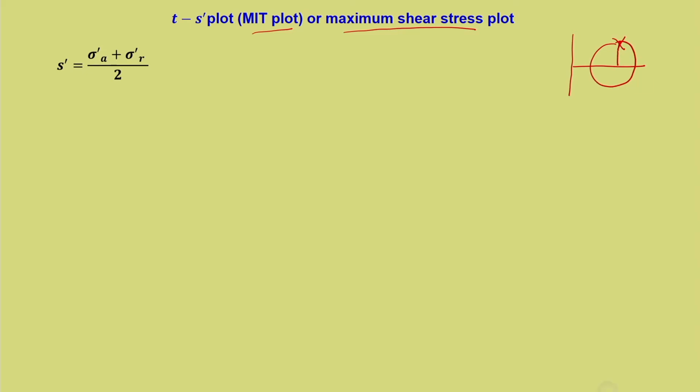This is the maximum shear stress point, and if you discuss it in terms of sigma A dash or sigma R dash, this point will be S dash, sigma A dash plus sigma R dash by 2, and T, which is this distance, will be sigma A dash minus sigma R dash by 2.